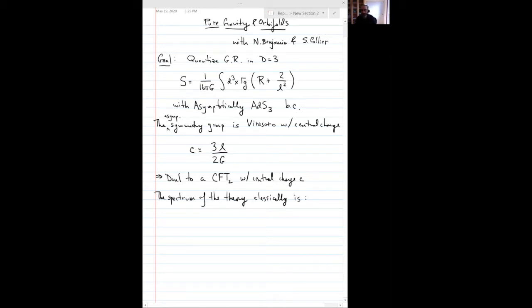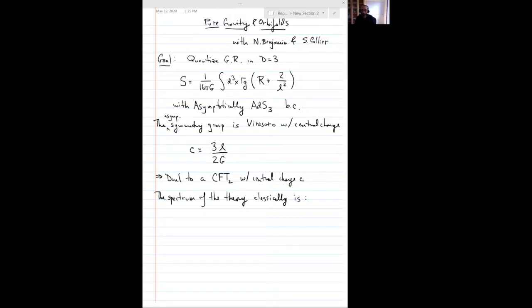This is one of the real simplifications of working with 2+1 dimensional general relativity instead of 3+1 dimensional general relativity. If I asked you to write down the set of all solutions of 3+1 general relativity, that's a very hard task. But if I ask you to write down the solutions of 2+1 general relativity, that actually turns out to be a rather easy task, at least with the boundary conditions that I've specified.